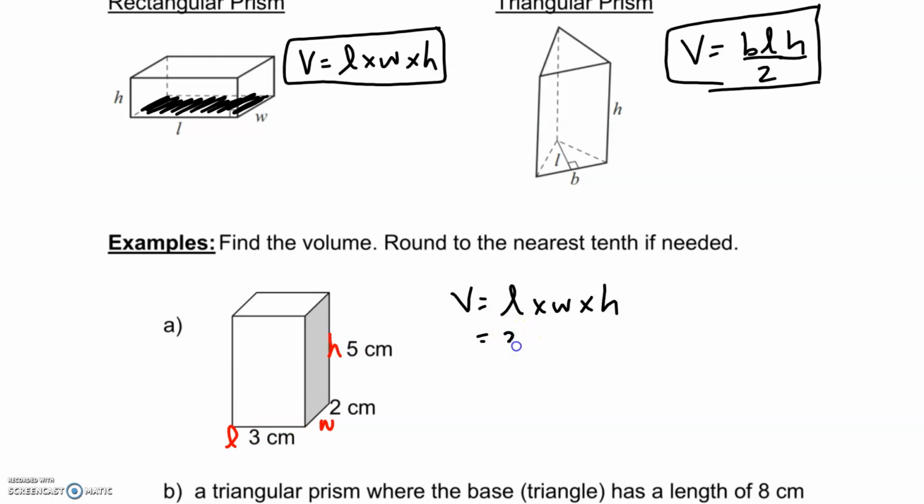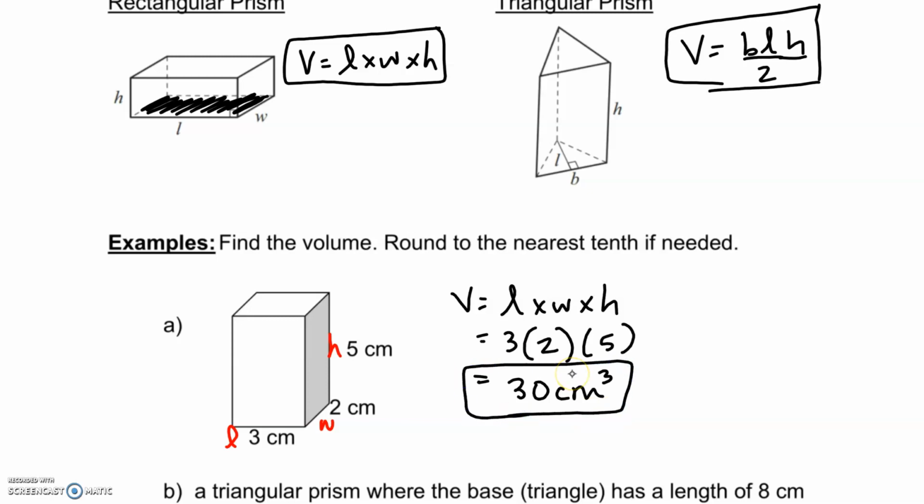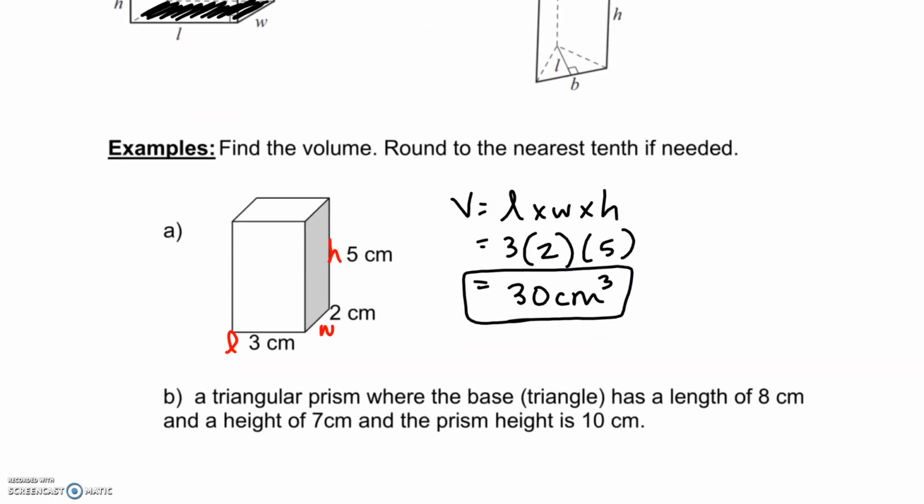So I know it's going to be 3 times 2 times 5. Remember, I use brackets to show the multiplication. So 3 times 2 is 6, times 5 is going to be 30, and the units are still centimeters cubed. Okay, we don't need to round because there were no numbers after the decimal. All right, let's look at part B.